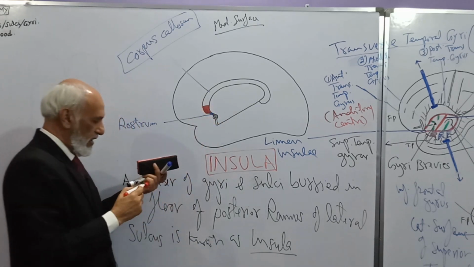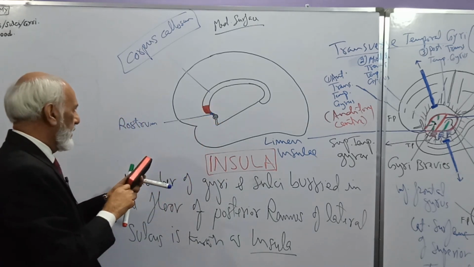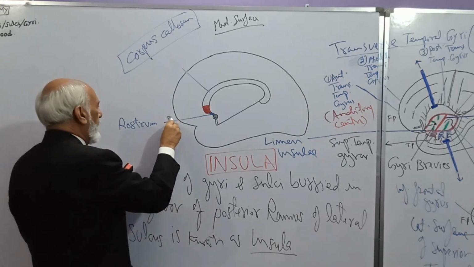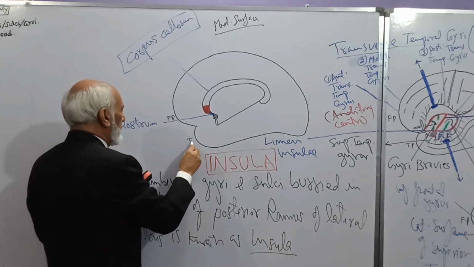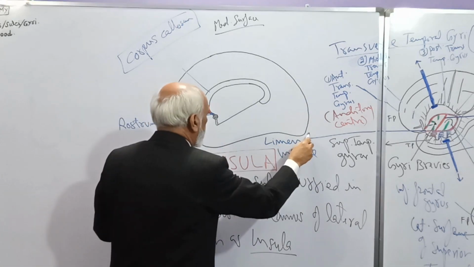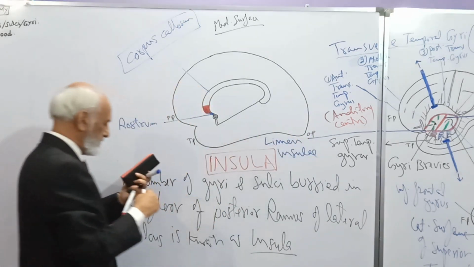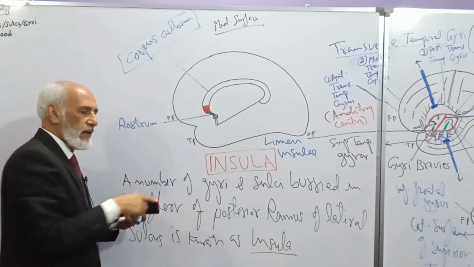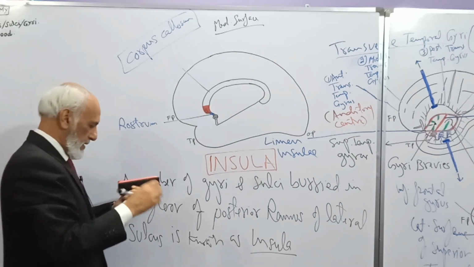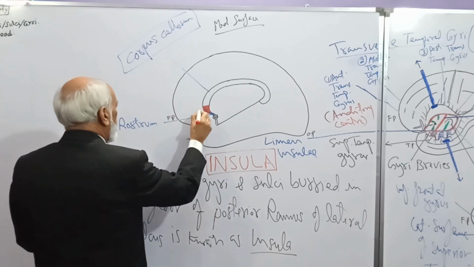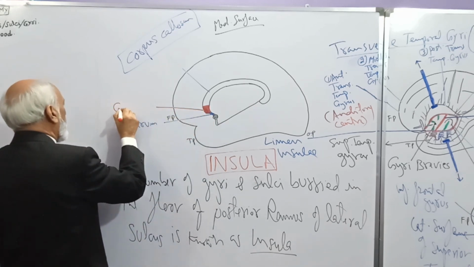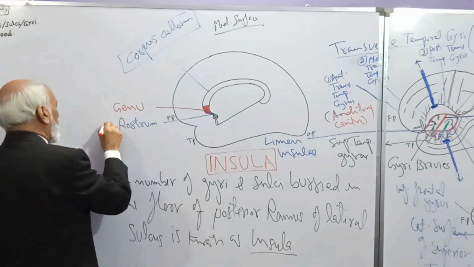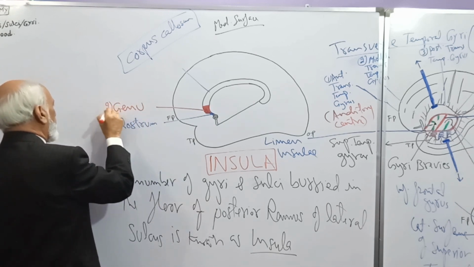This is the anterior end of the corpus callosum. Why? Because this is the frontal pole, this is the temporal pole, and this is the occipital pole. This anterior rounded end of the corpus callosum is known as the genu. Number one, rostrum. Number two, genu.